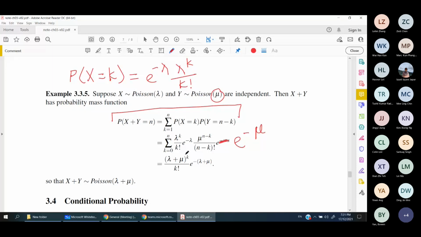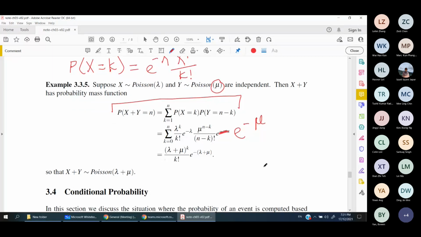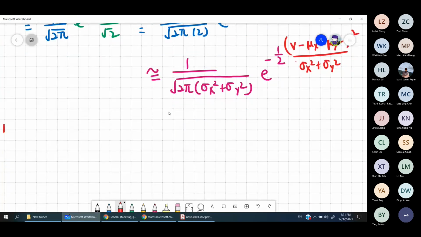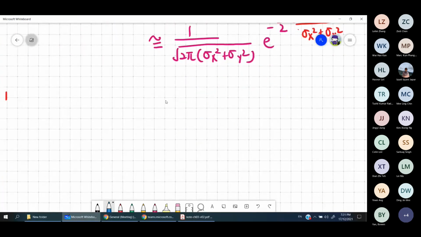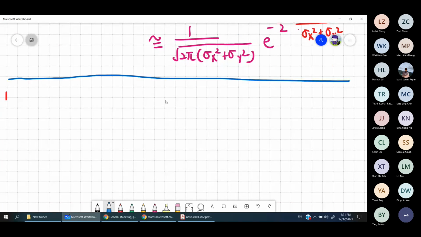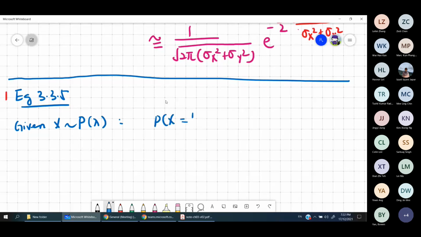Maybe I show the detail for the calculations. Let's look at the next example, example 3.2.5. Given x is a Poisson with lambda, which means P(X = k) is e to the minus lambda, lambda to the k over k factorial.